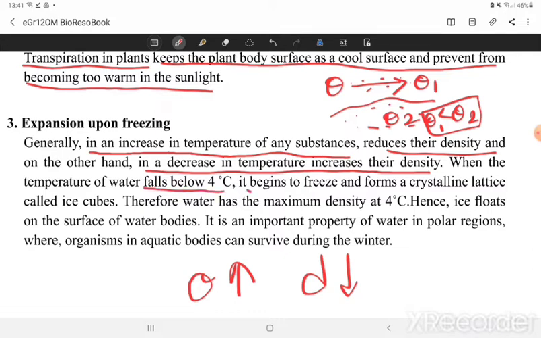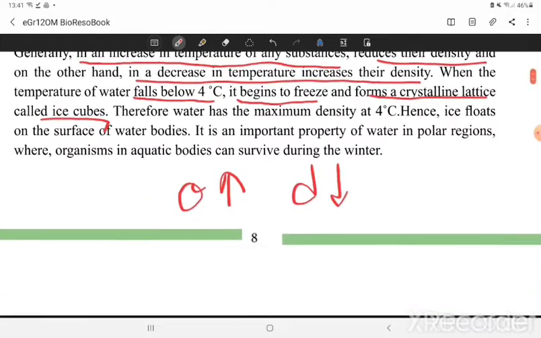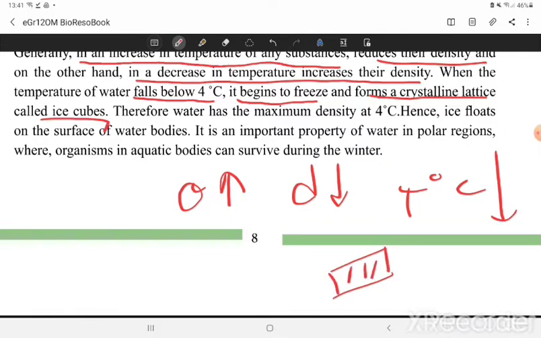Water freezes. The water that was there as a liquid freezes now, and forms a crystalline lattice called ice cubes. So they form ice cubes.